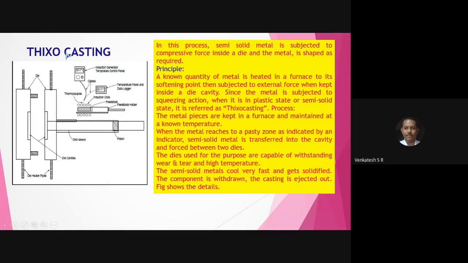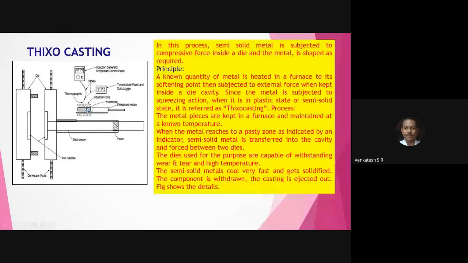Remember, only in Thixo casting the metal is heated to a semi-solid state, that is up to 611 degrees centigrade, and placed inside the chamber.